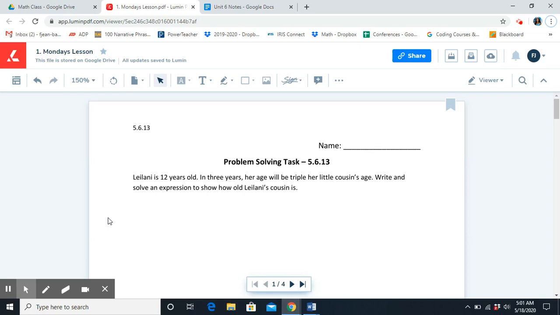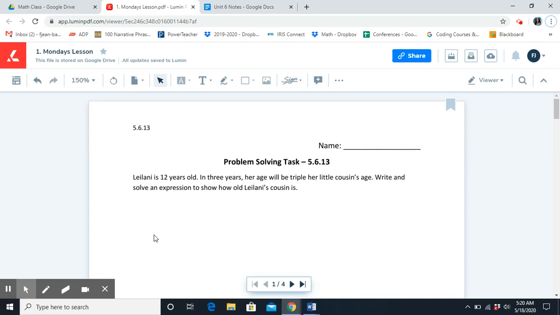So we know that 12 is going to be a part of our expression because that's Leilani's age right now. In 3 years, Leilani will be triple her little cousin's age. So we're not just thinking about Leilani's age now, but we're thinking about her age in 3 years. So we know that we're going to have to take her age of 12 and add 3.